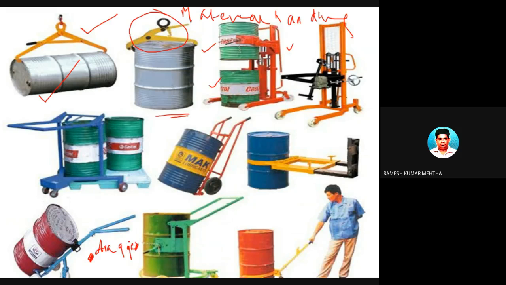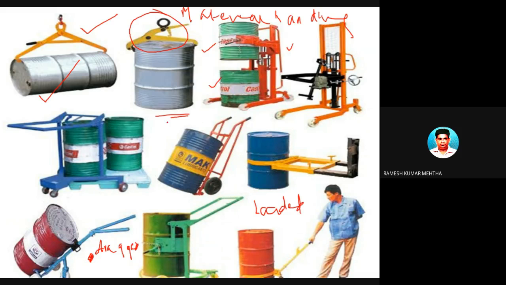So different types of material handling equipment you can view in this particular slide, which are used to comfortably move the barrels or drag the barrels. This is the way the material handling equipments help in convenient movement of heavy loaded barrels of huge weights.